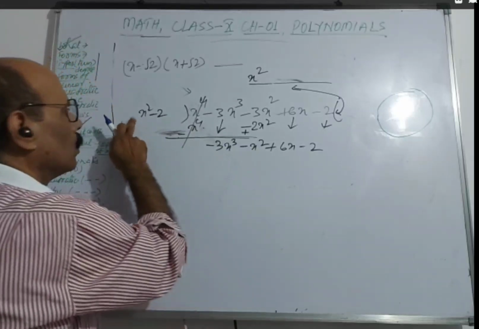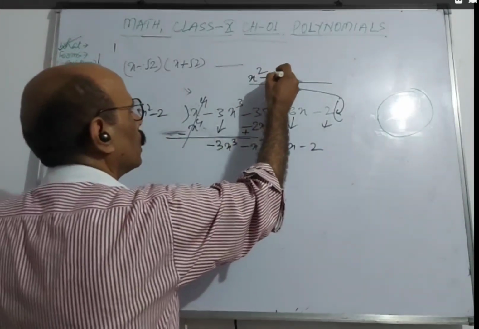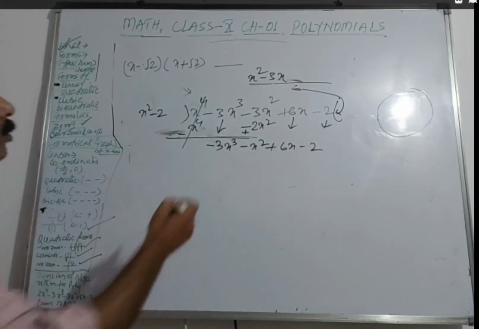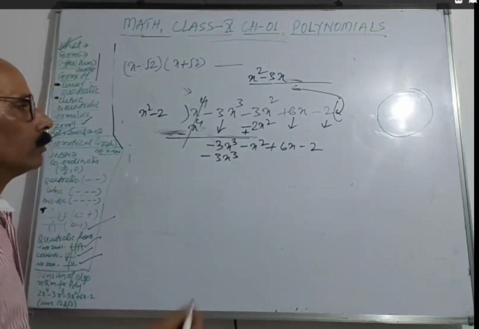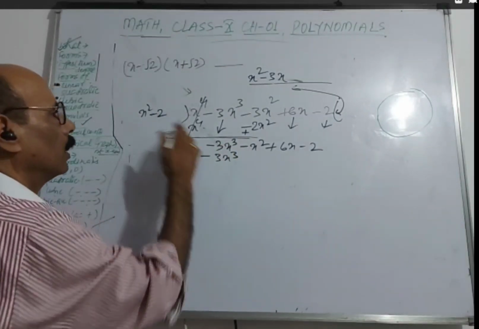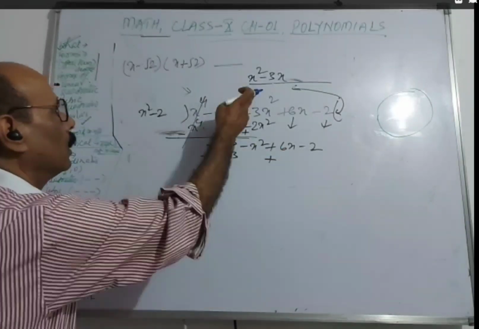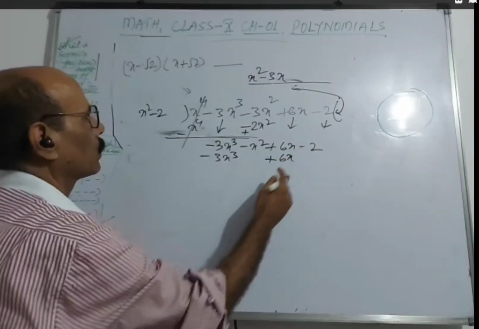But again, minus 3x. If you put here minus 3x cube, minus minus plus x, here minus and minus plus 6x.